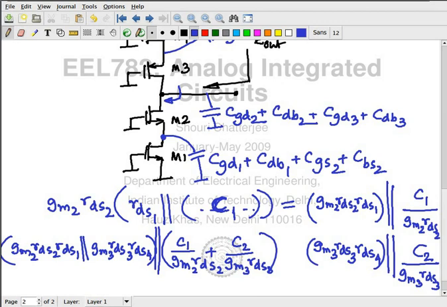So there is nothing wrong with saying that there are 3 poles here. To start with, there are 3 nodes, so there should be 3 poles. It's just that those 2 poles, because of the 2 other nodes, are at such high frequencies that I can throw them off. Agreed?